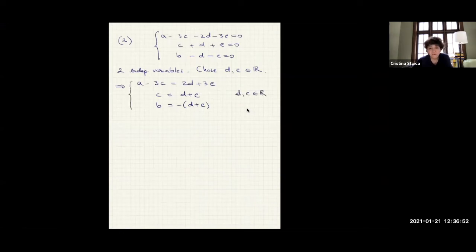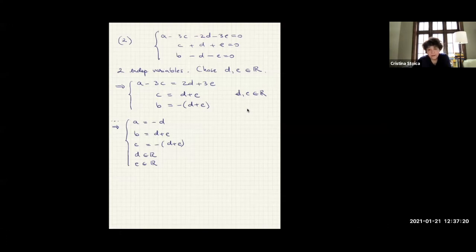And then we solve this one, and we end up with a solution of the form: A will be minus D, B is D plus E, C is minus D plus E, and then D is in R, and E is in R.